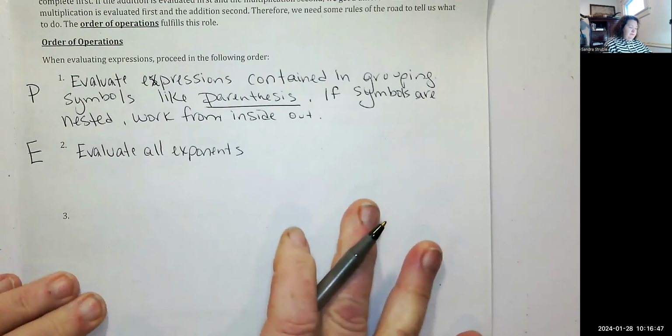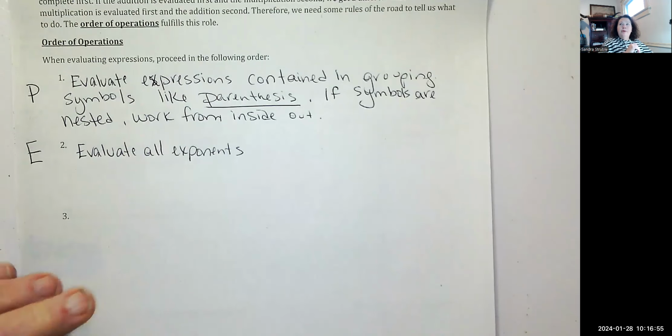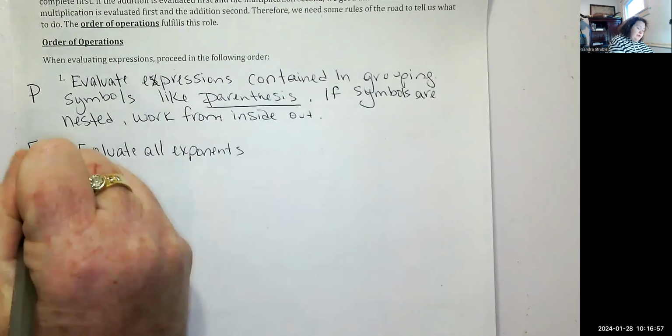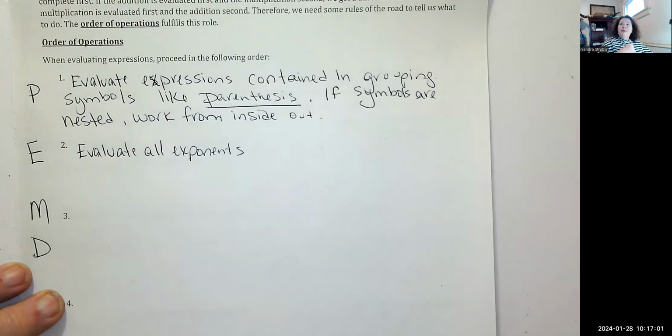All right, the next one is perform multiplication and division in the order that they appear. So just because we've got an M and a D here, it has nothing to do with multiplication first then division. Remember, multiplication is not more important than division, and division is not more important than multiplication.